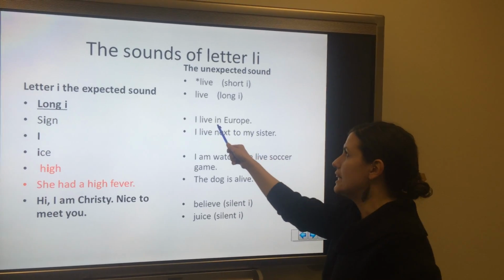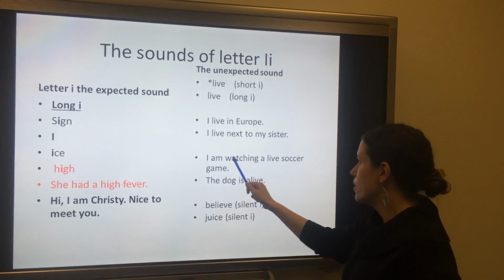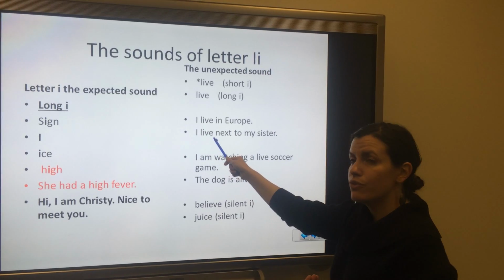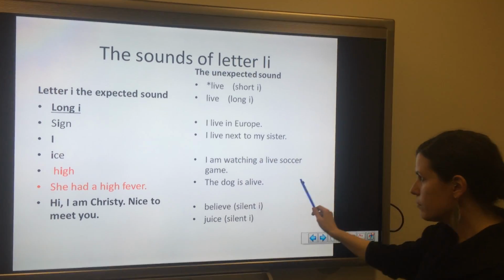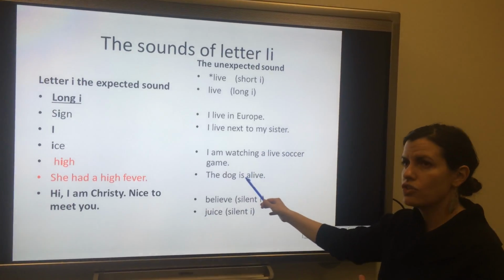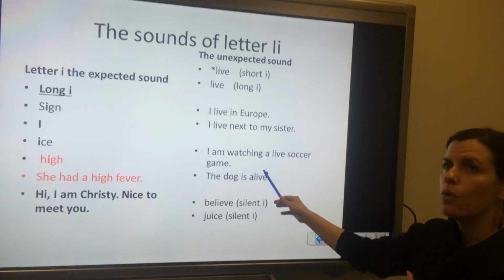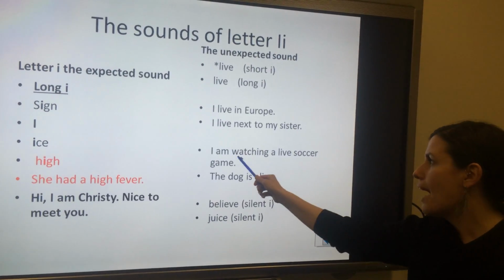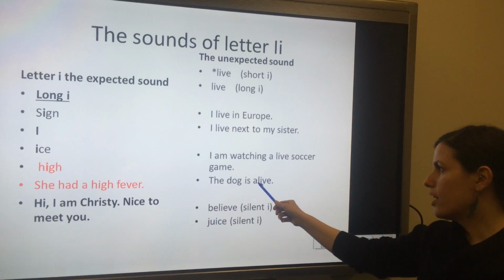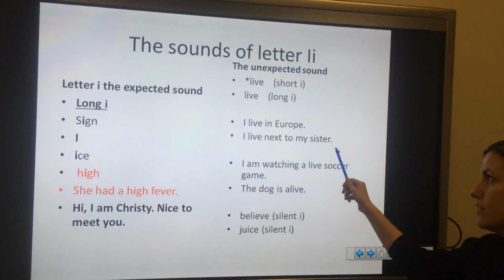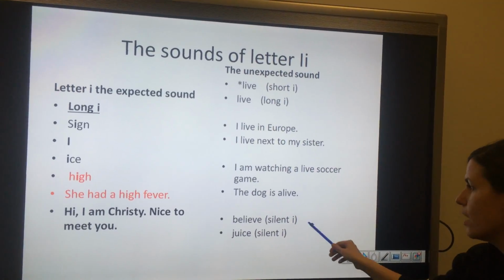So you can say I live in Europe, or I live, short I, next to my sister, and then the sound changes, or the meaning changes with the long I sound. I am watching a live soccer game. The dog is alive. Okay, notice the differences in meaning.